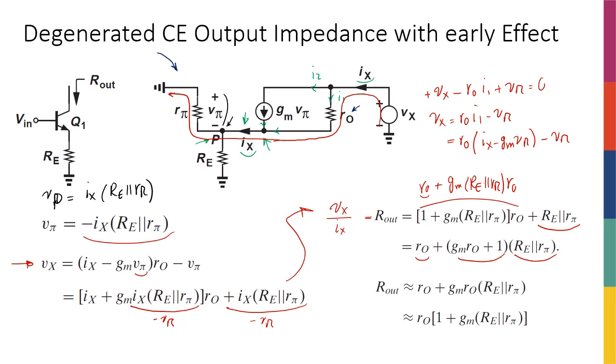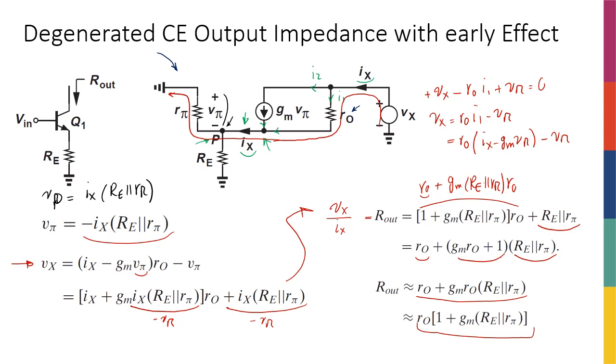Okay, the last thing I do is that I notice that GM R naught is going to be a really, really big number, so plus 1 I can just replace with GM R naught, so I get this expression, and then from there I take out R naught. It's going to be R naught times 1 plus GM Re in parallel with R pi.